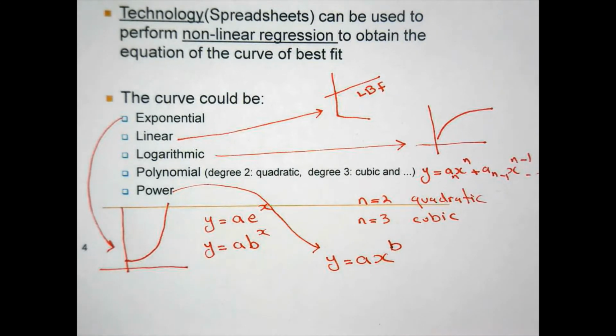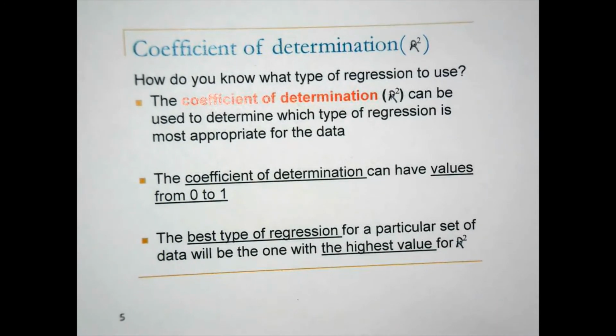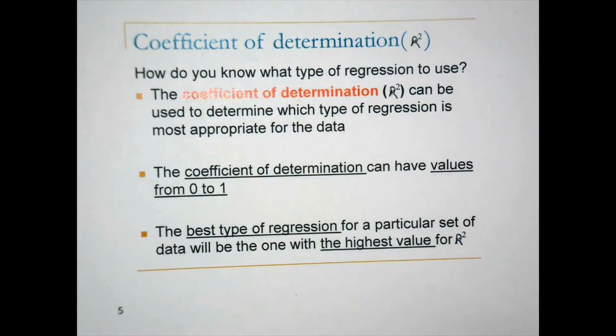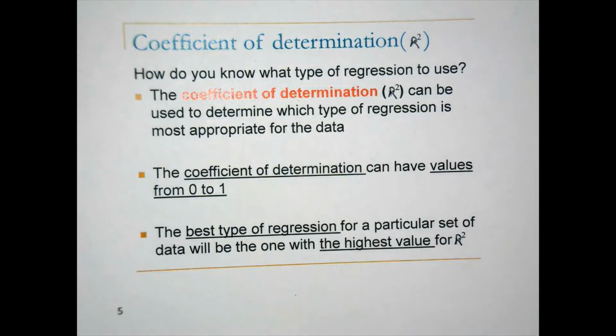Now, you have to know that sometimes for a certain set of data, more than one nonlinear regression can provide a good fit. The question is, how can we decide which one of these is the best model for our data? There is something I'm going to show you how to look at in the technology.